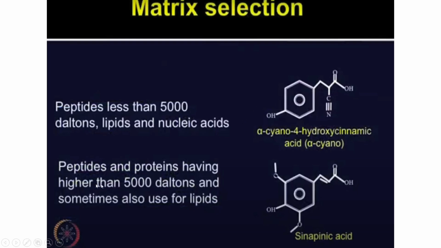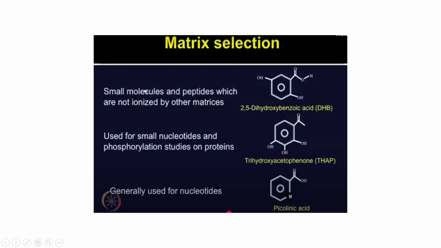Similarly, if they are higher than 5,000 daltons, then you use sinapinic acid. If there are small molecules and peptides which are not ionized by other matrices, you need to use DHB, which will help with ionization. If there are phosphorylated proteins, you need to use THAP, which is trihydroxyacetophenone.